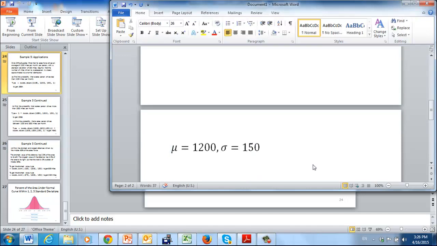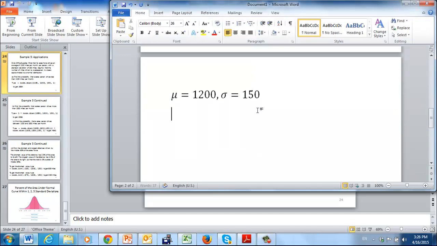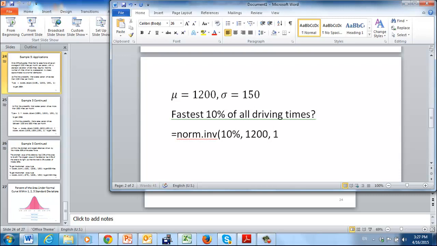Suppose that you want to know what driving time would correspond to the fastest 10% of all driving times. So fastest 10% of all driving times. How would you do that? Well, you're using your favorite norm_inf function, so you're just going to type norm_inf, and then you're going to type 0.1, or 10%, that's fine, and then you're going to type your mean and standard deviation.